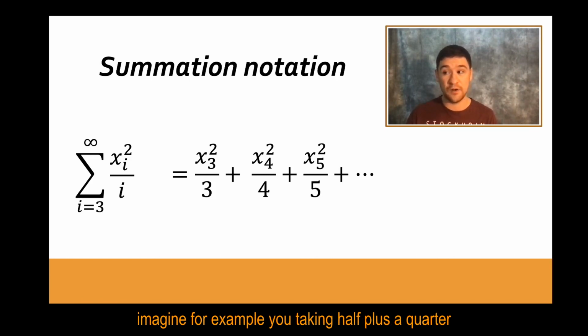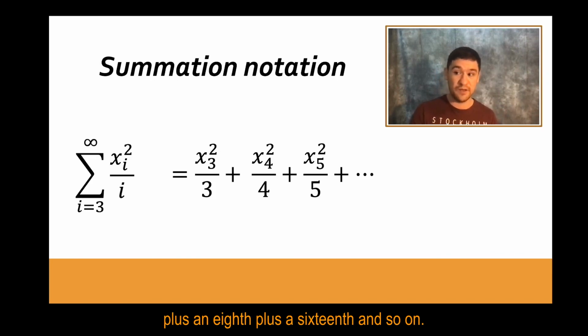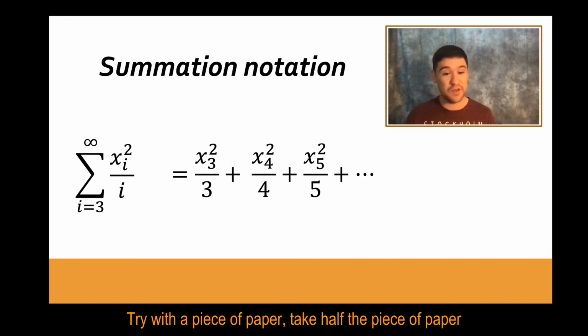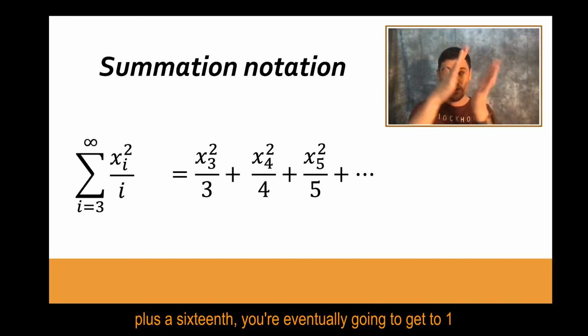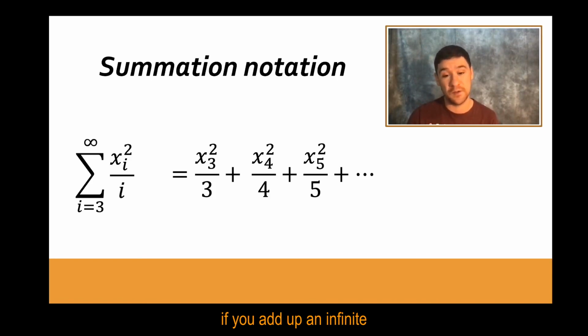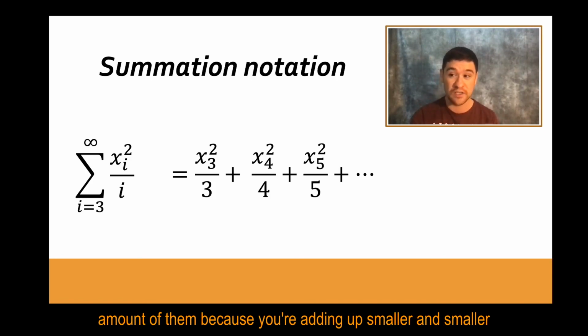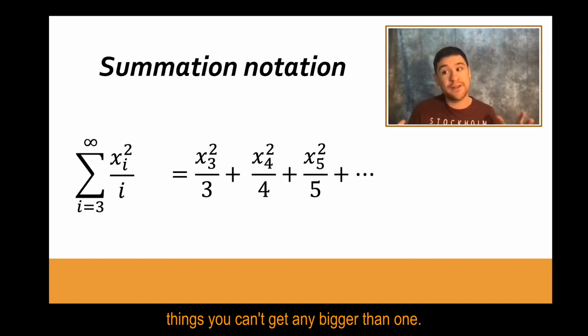Imagine, for example, you're taking a half plus a quarter plus an eighth plus a 16th and so on. Try it with a piece of paper. You're going to take half the piece of paper plus a quarter of the piece of paper plus an eighth plus a 16th. You're eventually going to get to 1 if you add up an infinite amount of them, because you're adding up smaller and smaller and smaller things. You can't get any bigger than 1.